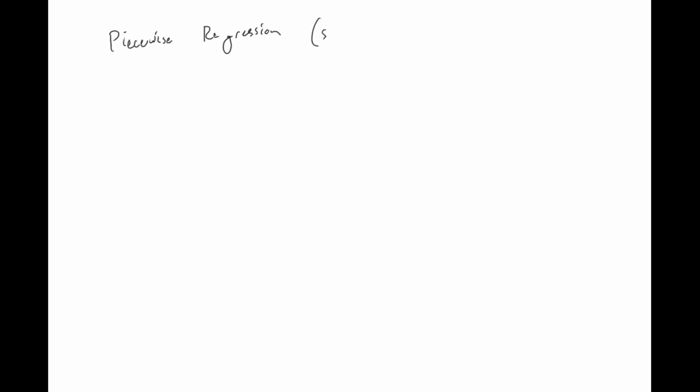This is also known as segmented regressions. So we'll have y_i equal to beta 0 plus beta 1 x_i plus epsilon, our error term.